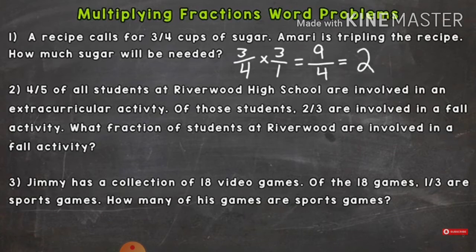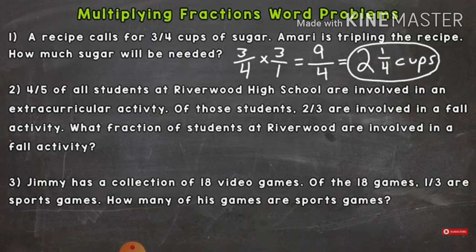I didn't hit 9 exactly, so I have a remainder of 1, and I keep my denominator of 4 the same. Since it's a word problem, I need to answer that question with a label here, and it's how much sugar will be needed. So we need 2 and 1/4 cups, and that's our answer.